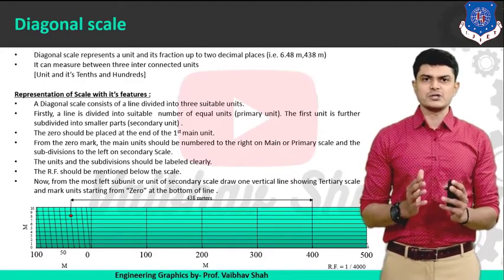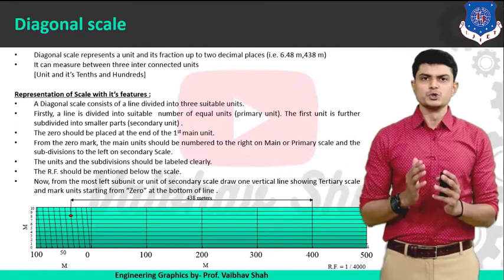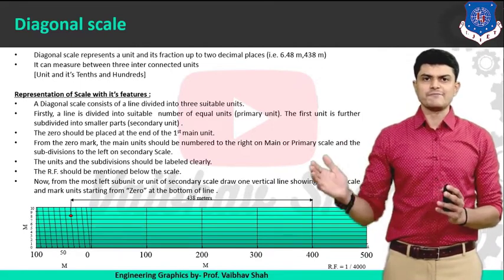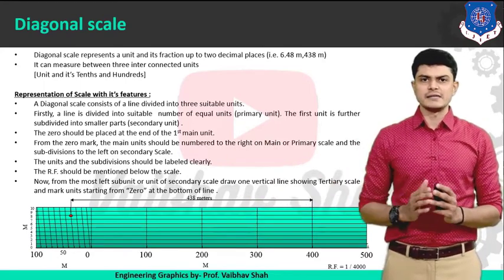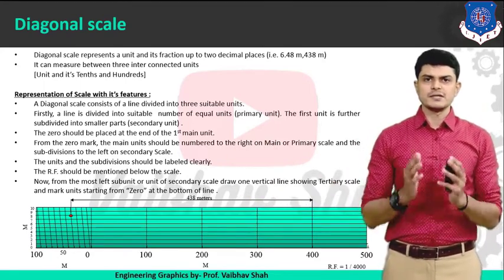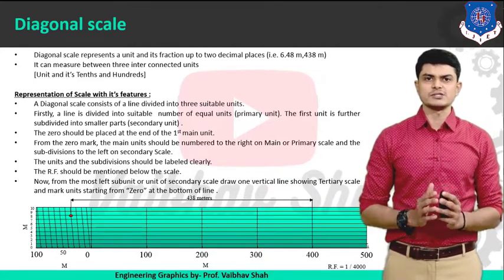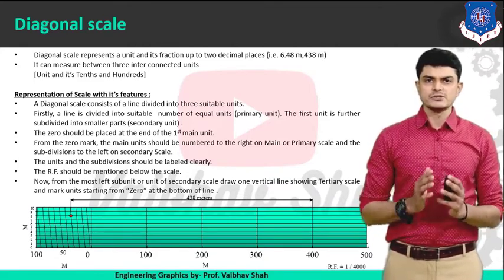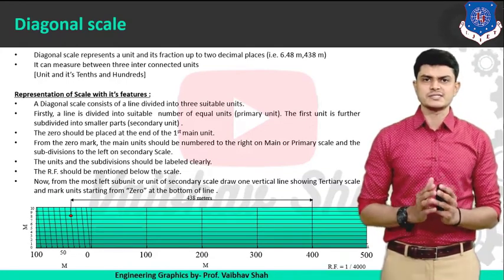After constructing your secondary scale on the left hand side of your 0, you should construct, from the leftmost point of your subscale, a vertical scale, which is your new scale, also known as your tertiary scale.